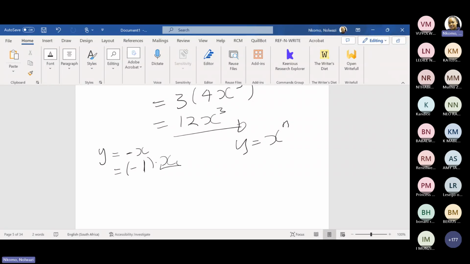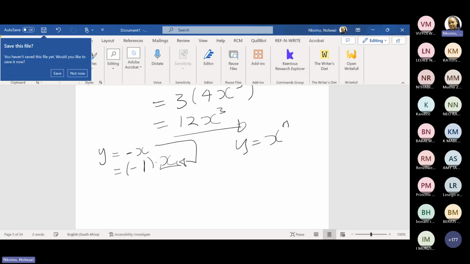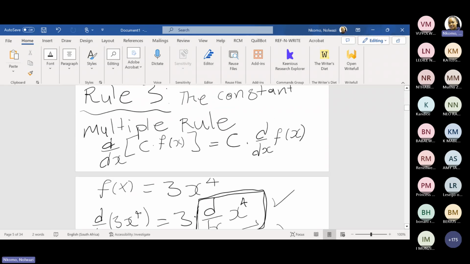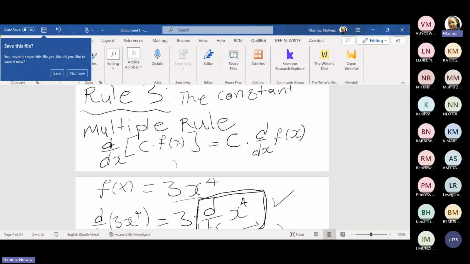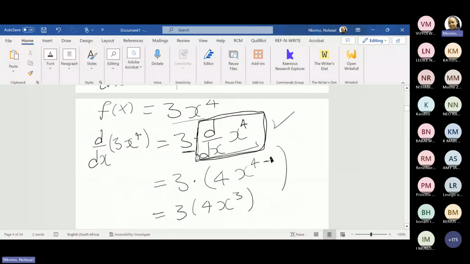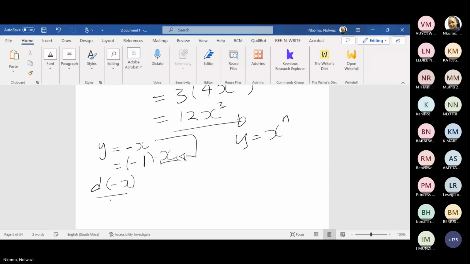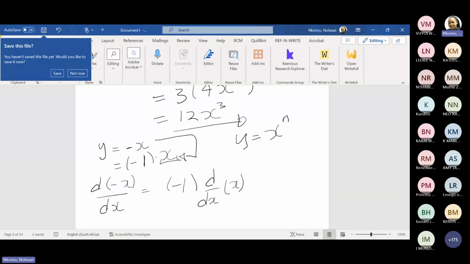Now we have c, which is a constant, as minus 1. We said you can take out the constant and then differentiate the remaining function. So d/dx of minus x is the same thing as minus 1 times d/dx of x, because we are now differentiating x.